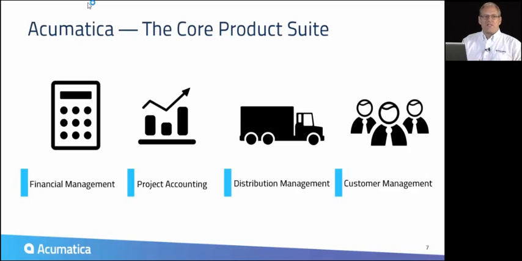Just about everybody, though, starts off with financial management. This is everything you need to take control of your business. This is your general ledger, your accounts receivable, your accounts payable, and so on. Organizations then might look to add the project accounting functionality for those companies who need to track and manage projects and track and manage income and expenditure against those projects effectively.